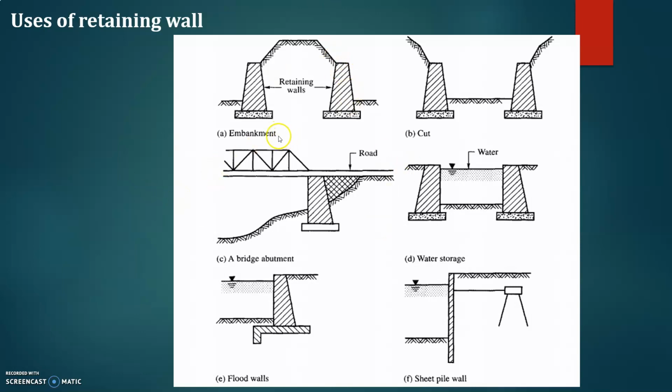It is used for embankments, for cuttings, and also for bridge abutments, and to store water. Flood walls are also sometimes constructed in order to resist floods. Then sheet pile walls. These are some of the uses of retaining walls.